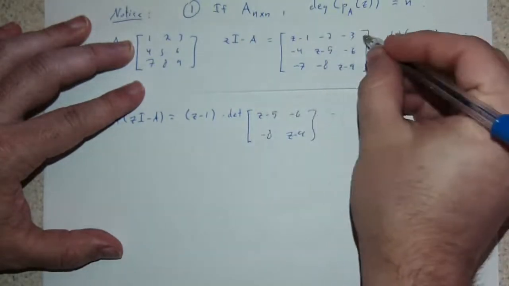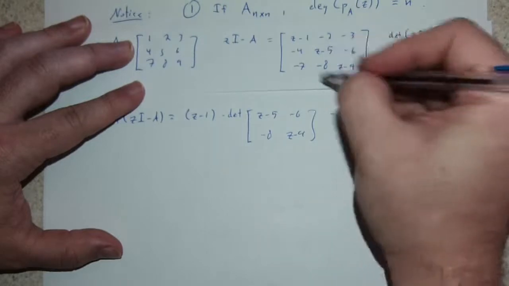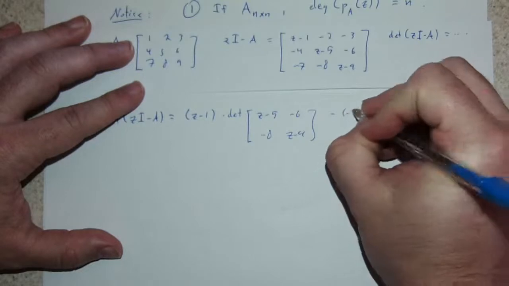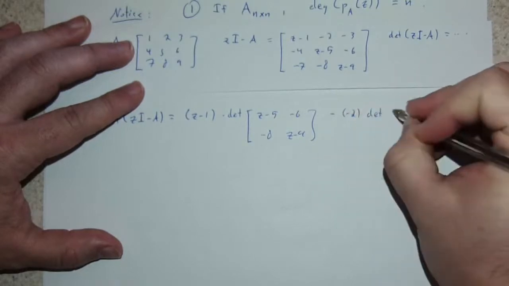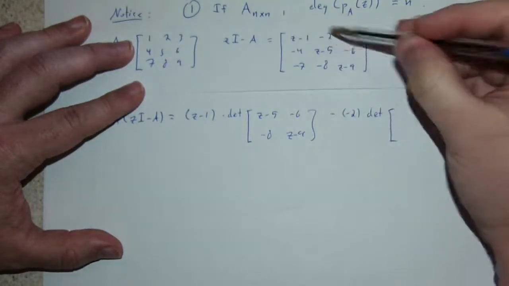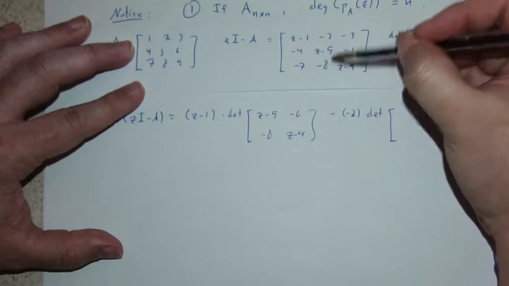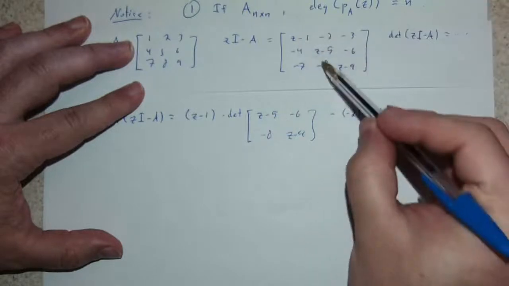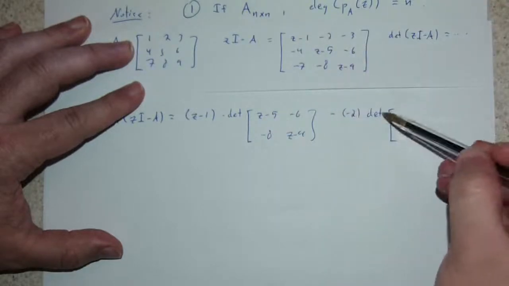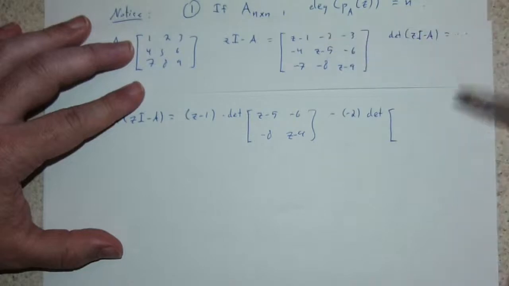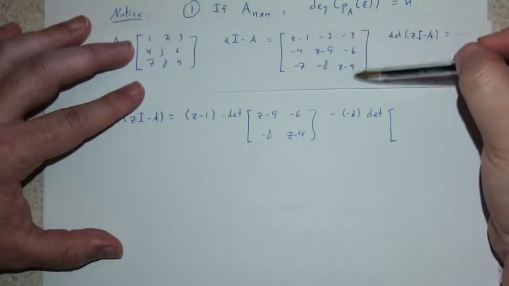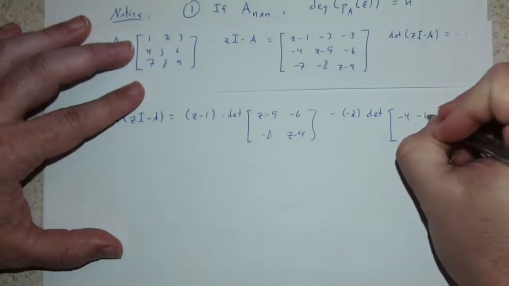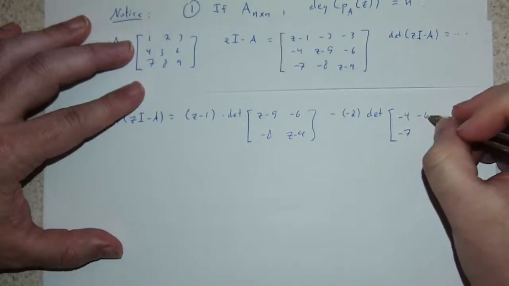I'm just going across the top row because no row or column is any better, really. So this would be minus 2 times the determinant of the submatrix where I've deleted the top row and middle column, instead of, in this one, where I had deleted the top row and first column. For the last term, I will delete the top row and third column. So this would be determinant of minus 4, minus 6, minus 7, and z minus 9.